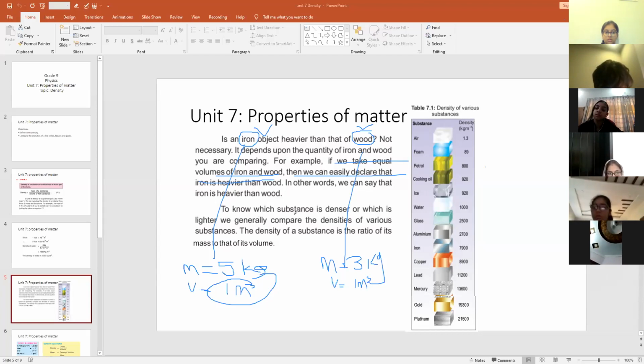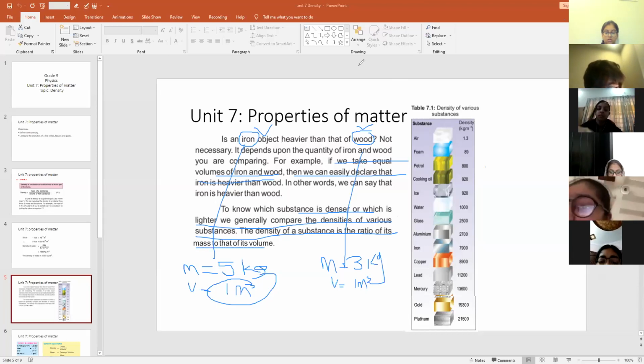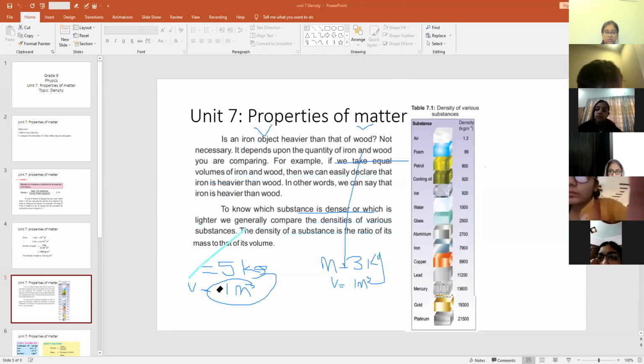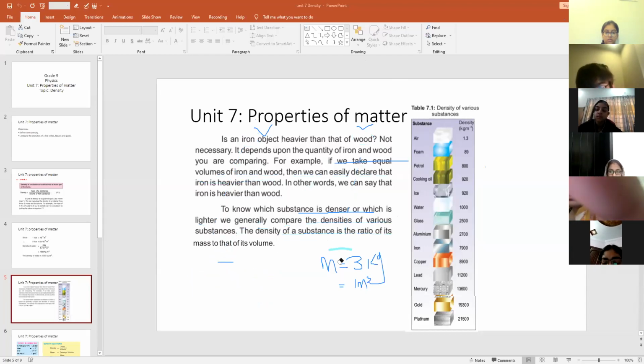To know which substance is denser or which is lighter, we generally compare the densities of various substances. The density of a substance is the ratio of its mass to its volume. We have already discussed in the previous slide that density is basically the ratio of mass per unit volume. So the densities of some substances are given in table 7.1.